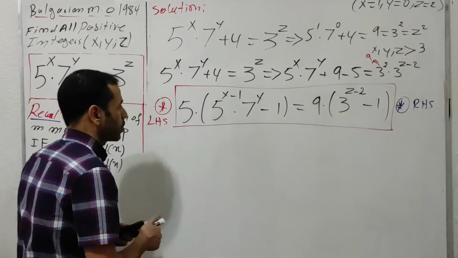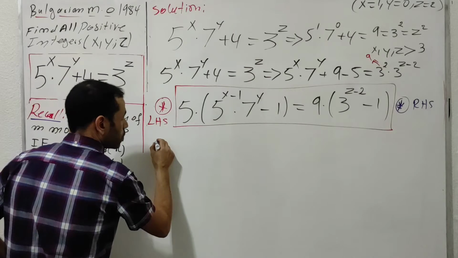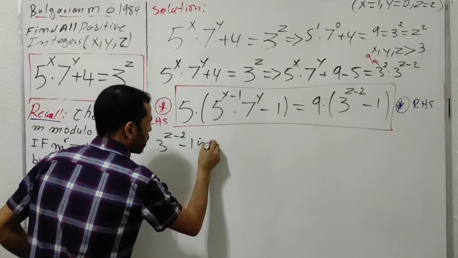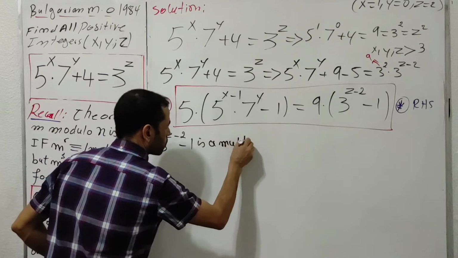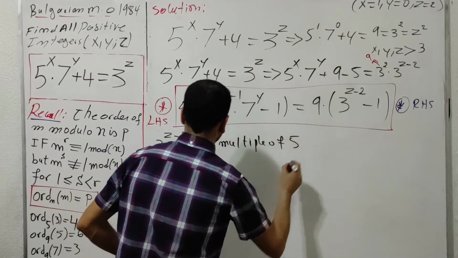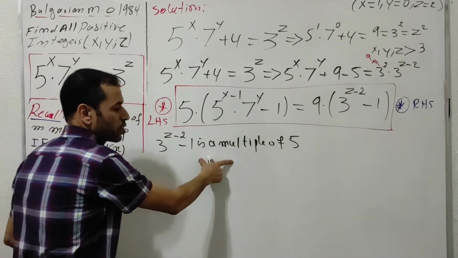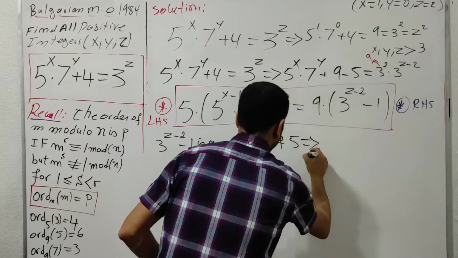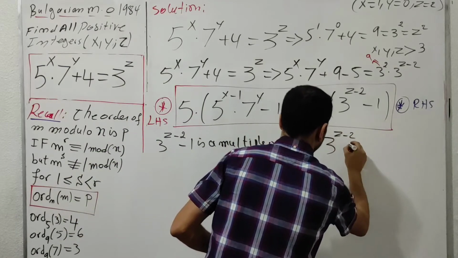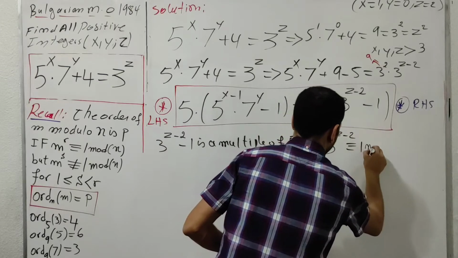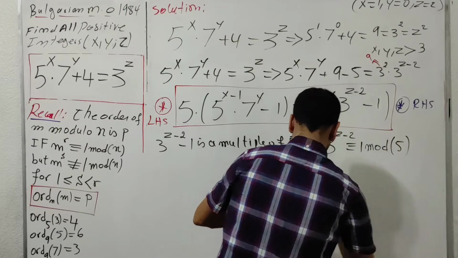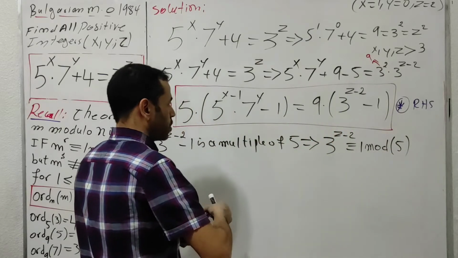Okay, let's write that down. Let's use the congruence definition here. So that means 3 to the z minus 2 is congruent to 1 mod 5. Okay, here is the first statement.